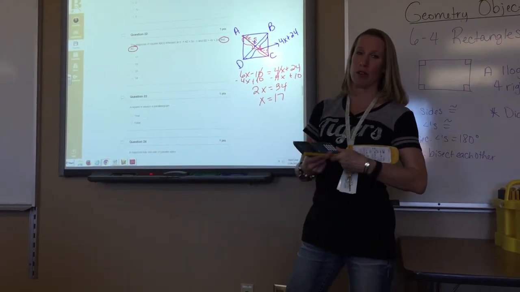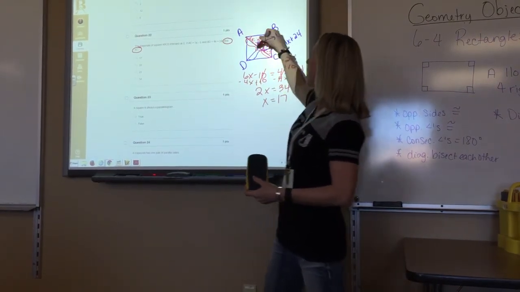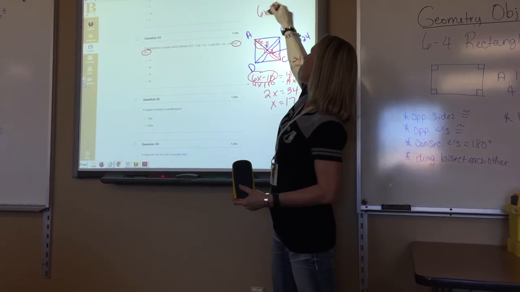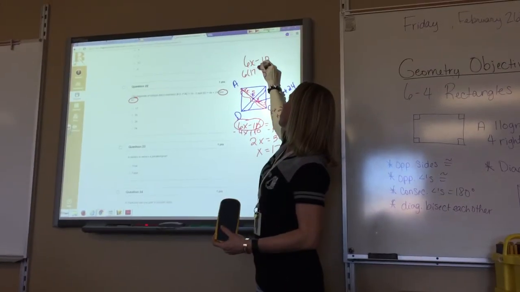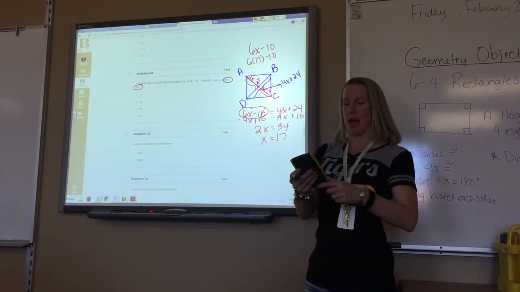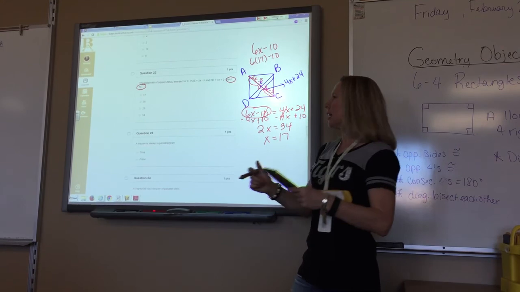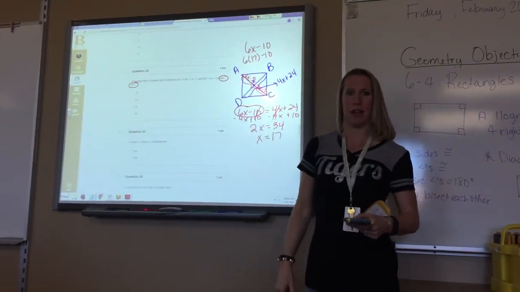That's going to be on your test tomorrow too, so be really careful. What I want to find is the entire length AC. And remember that whole length was 6x minus 10. If I know x is 17, do 6 times 17 minus 10. 6 times 17 minus 10 is 92, and that's, I messed up.